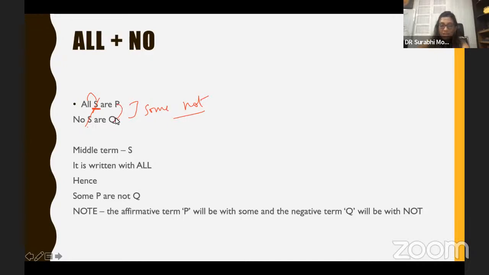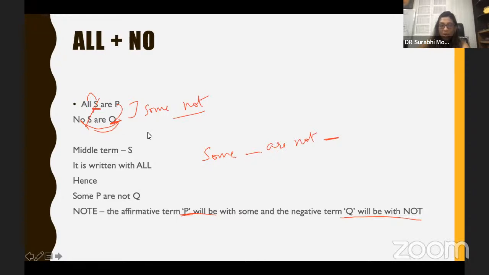So our answer will be some P are not Q. How do we write this answer? The affirmative statement is written with P. P is written with some, and the negative term remains written with no. So we have to write a some not answer. Some dash are not dash. So when the middle term is written with all, I'll get a some not answer.